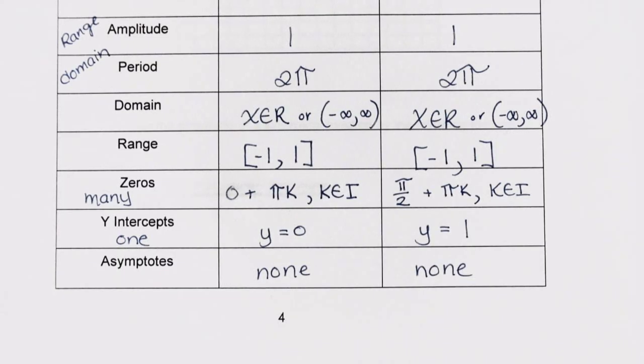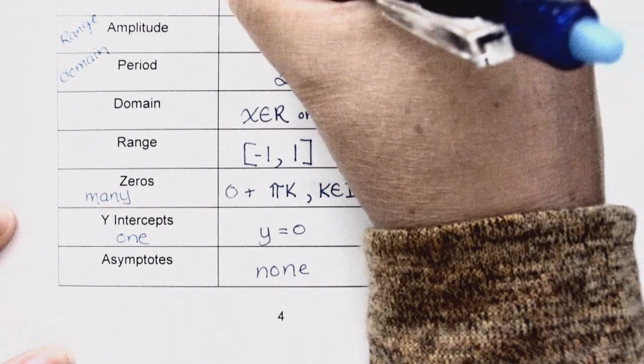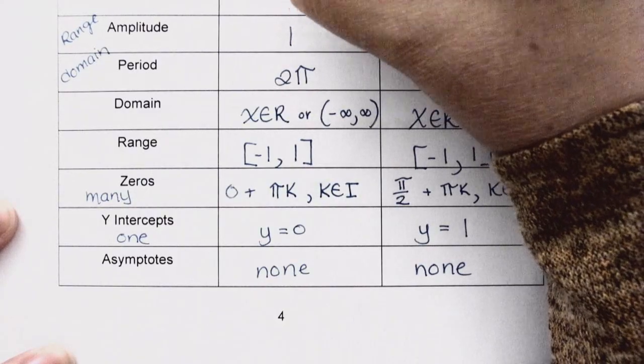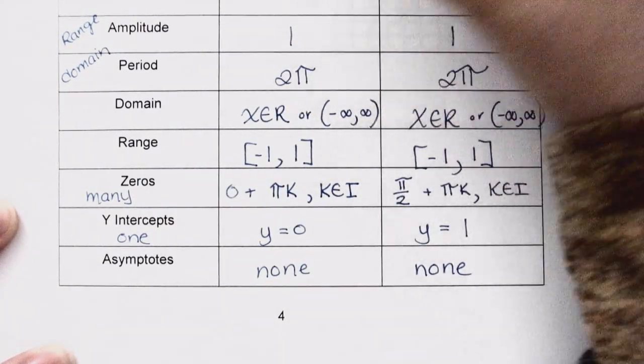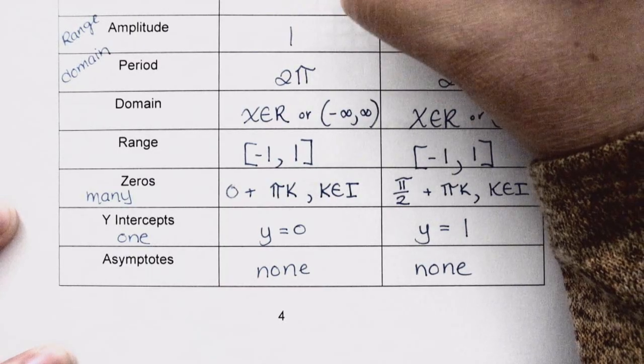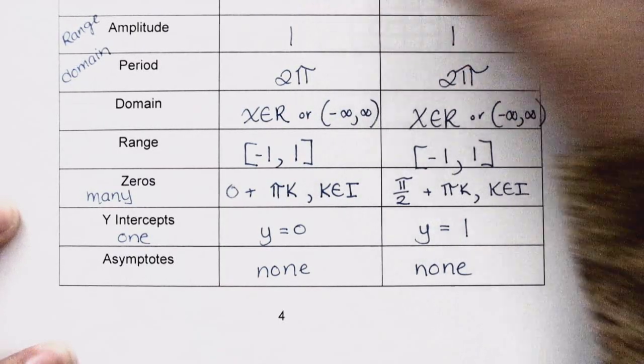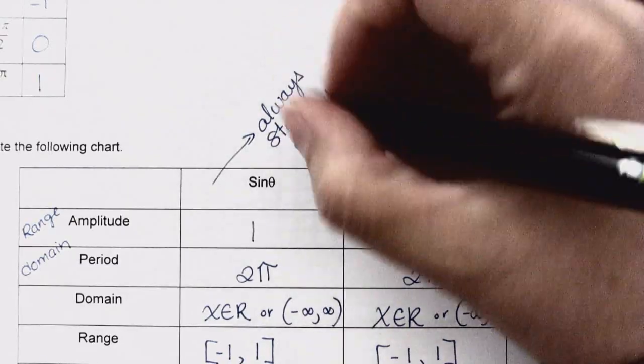So where do sine graphs start? Yep, they start at their median. Sine starts at a median. You guys can't read what I'm writing.